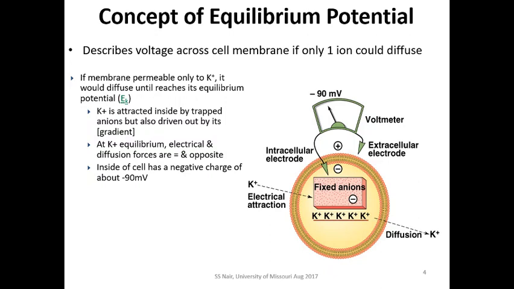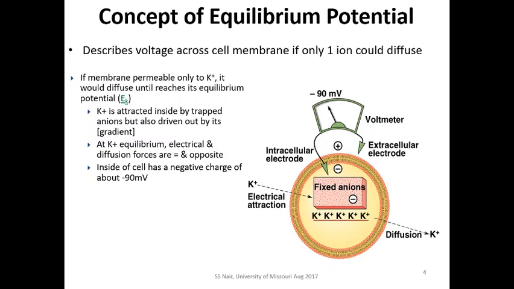And the potential difference is minus 90 millivolts. Make sure you understand this, this is assuming only one ion can diffuse through the cell membrane. If only one ion could diffuse through the cell membrane, this is what you get.